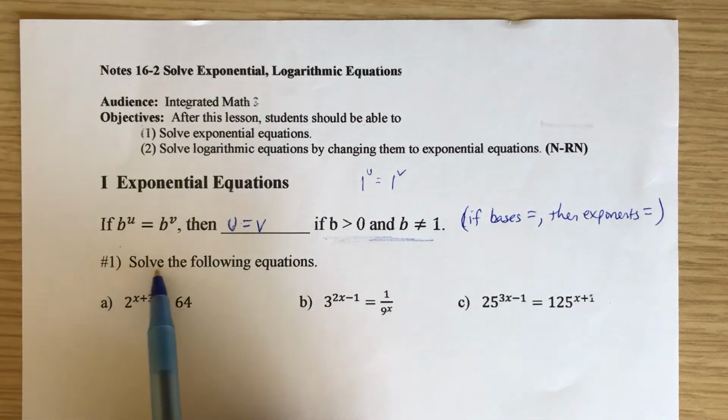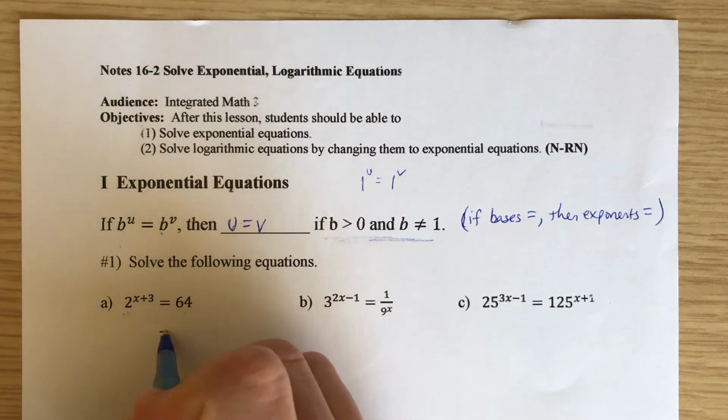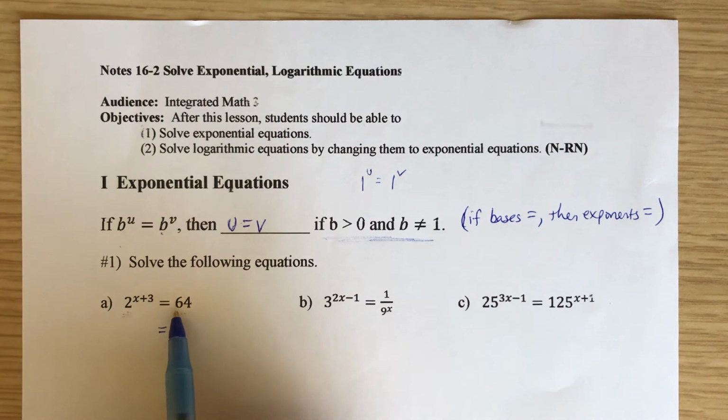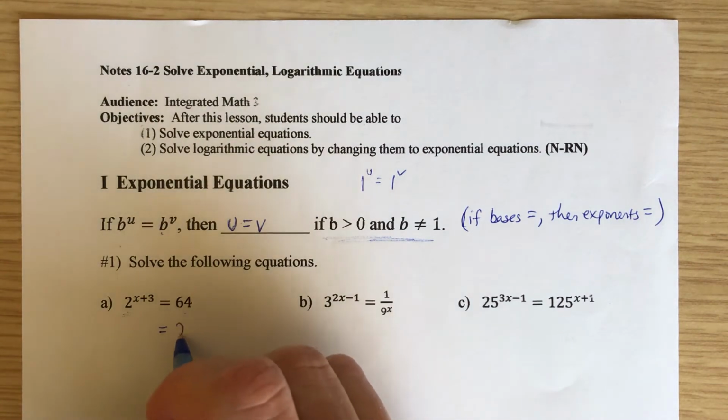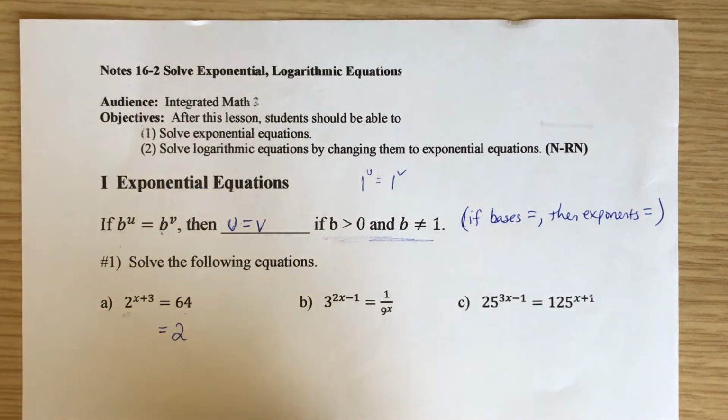So for example, number 1, solve the following equations. 2 raised to the x plus 3 is equal to 64. Now the bases are 2 and 64. They are not the same. However, hopefully you recognize that the number 64 can be written in a base of 2.